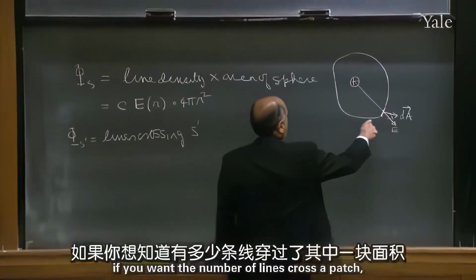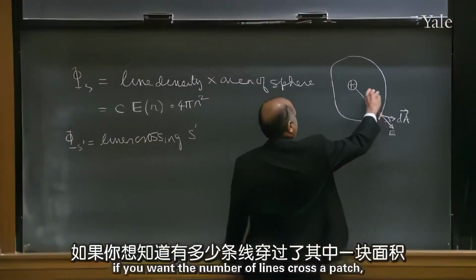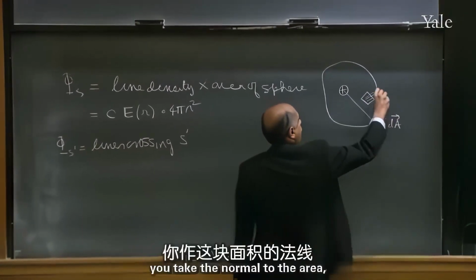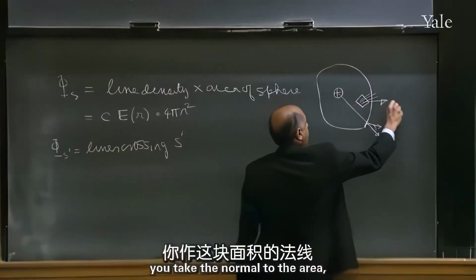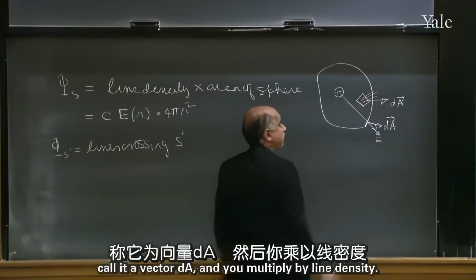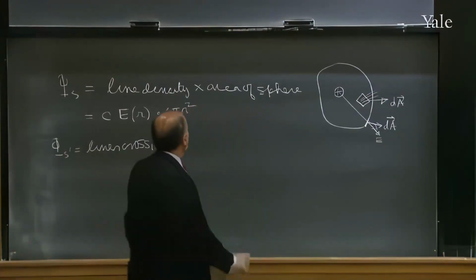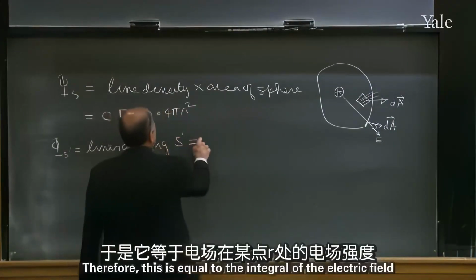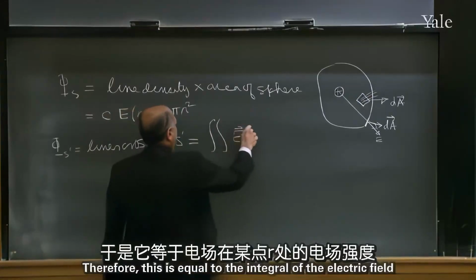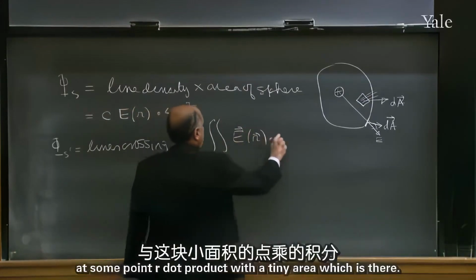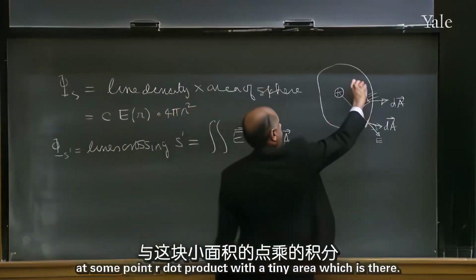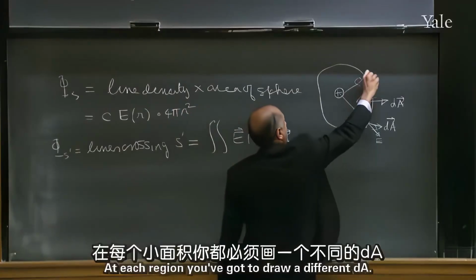that if you want the number of lines crossing a path, if you pick a little area here, if you want to know how many lines cross that, you take the normal to the area, call it a vector dA, and you multiply by line density. Therefore, this is equal to the integral of the electric field at some point r dot product with the tiny area which is there. At each region, you got to draw a different dA.